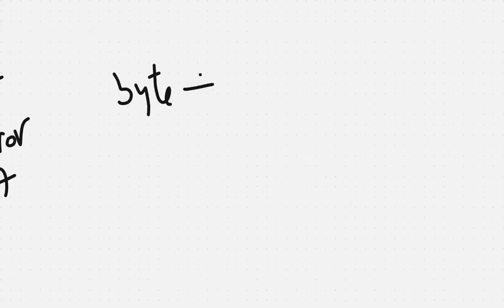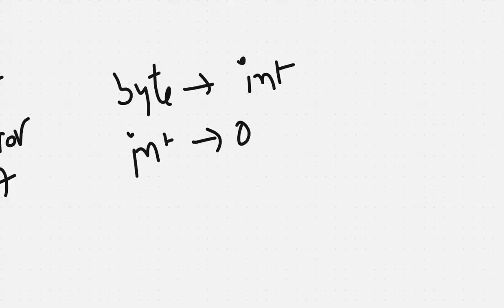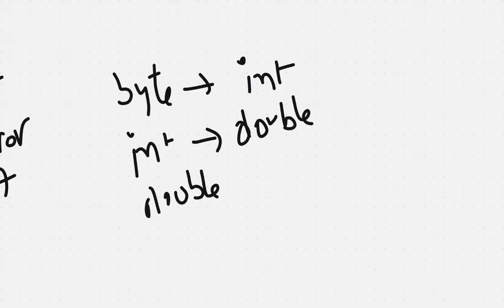Byte to int. Next, int to double, and double to int. Next, char to int.